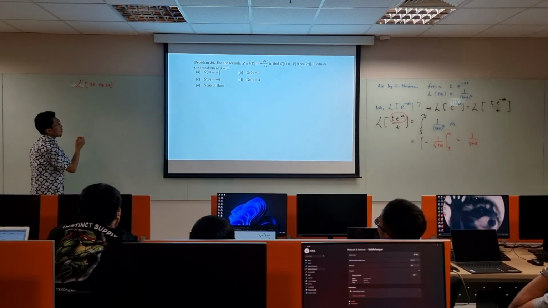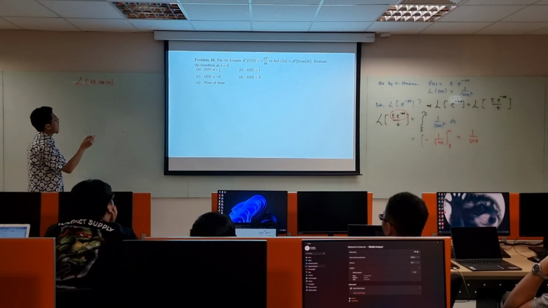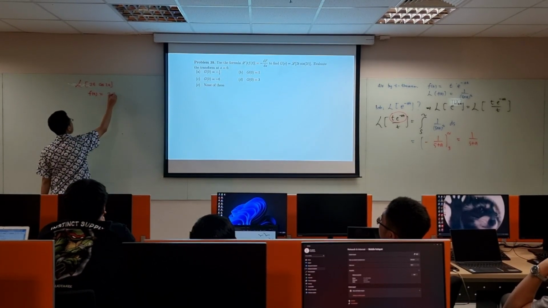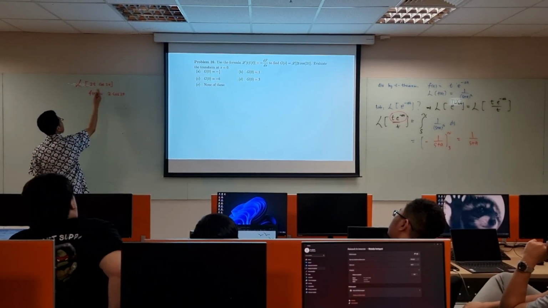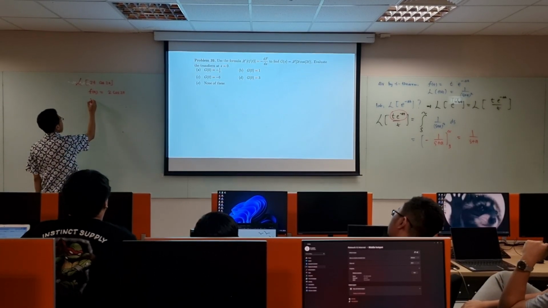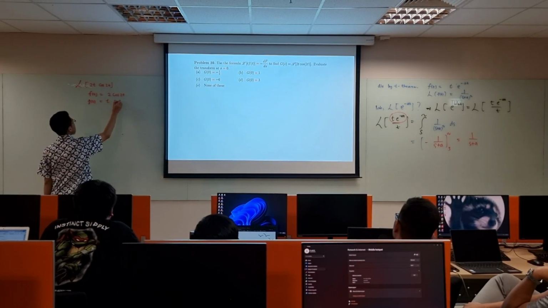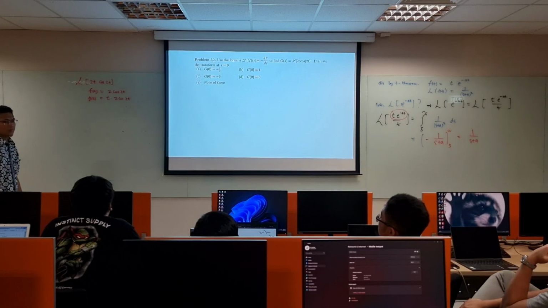In this case, you are asked to use the Laplace transform of t times f(t). So we choose f(t) equal to cos 2t, so that the t is behind it. This g(t) is t times that one.